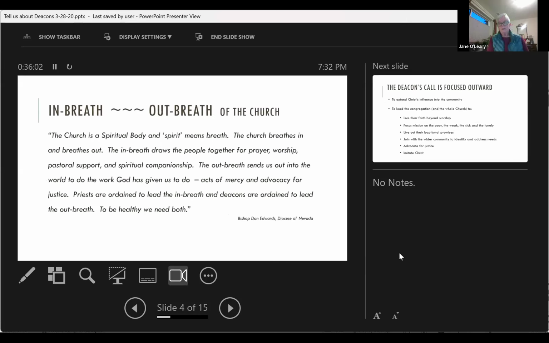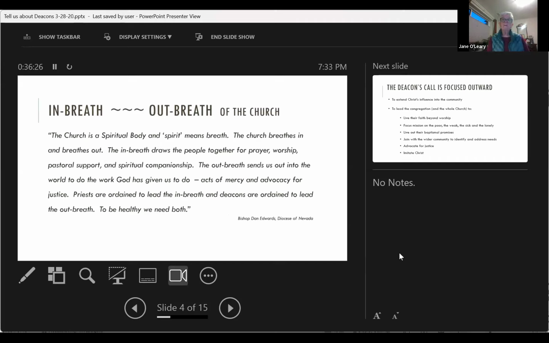I really like this image, so I'll read it for you. The church is a spiritual body, and spirit means breath. The church breathes in and breathes out. The in-breath draws the people together for prayer, worship, pastoral support, spiritual companionship.